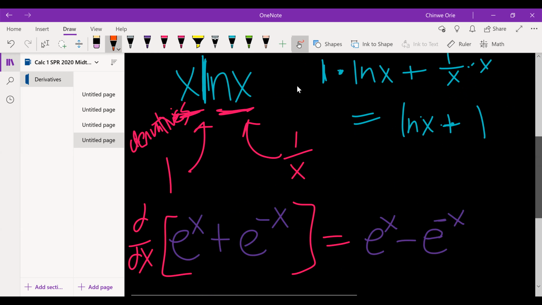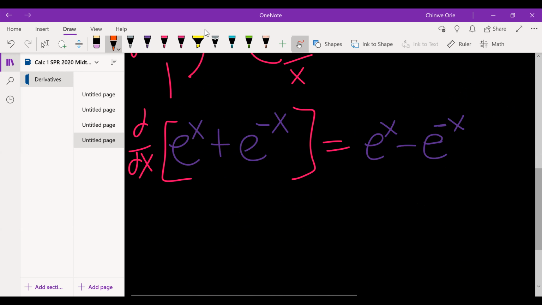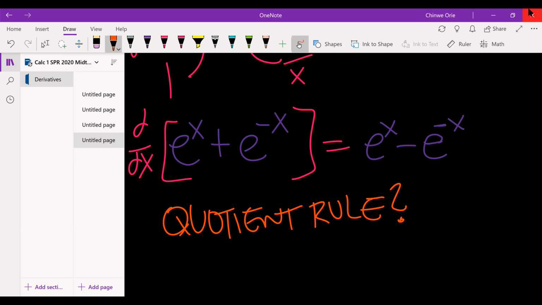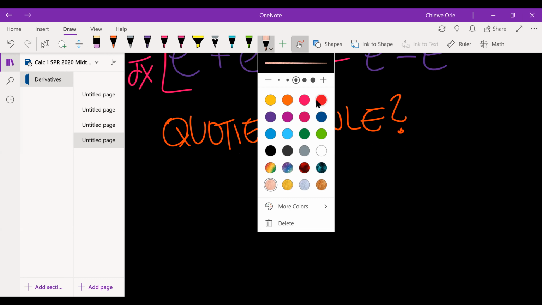Okay. So let's put together the quotient rule. What is the quotient rule? Let's start there. So the quotient rule, let me get a different color for this.